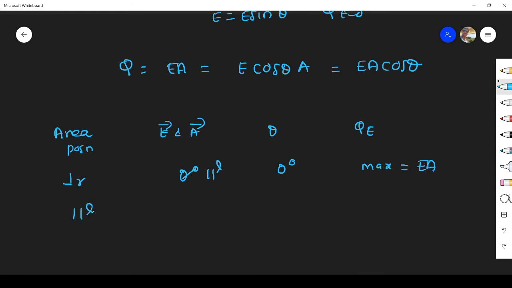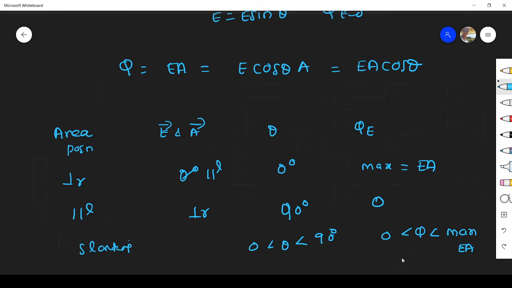Next, second case, I kept the area parallel, so E and A become perpendicular. Theta becomes 90 degree. What happens to flux? 0. Now I kept it slanting. Theta lies between 0 and 90 degree, so phi lies between 0 and maximum EA. Clear? So this is what we made.